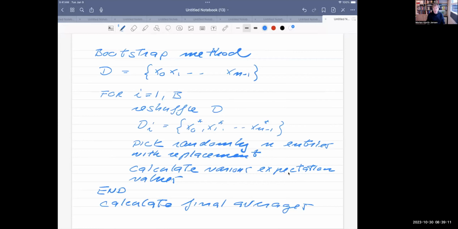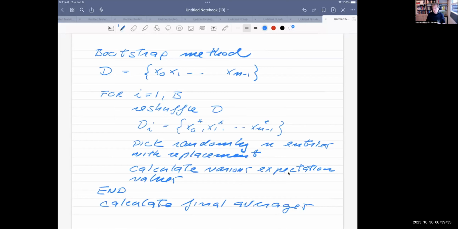And actually, we did it 10,000 times without producing a new data set, but just resampling, reshuffling randomly, and then picking the new data points with replacement. And when we did that, we saw that the bootstrap method actually gave us what the central limit theorem says about the standard deviation and the variance.